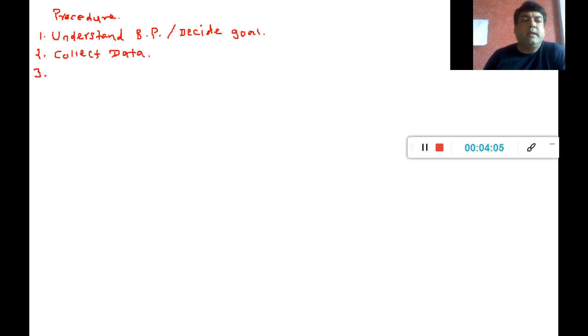Number 3 is called EDA. Once we get the data, we do our EDA, that is exploratory data analysis. In this, we clean the data, we do a lot of plotting, visualization basically.